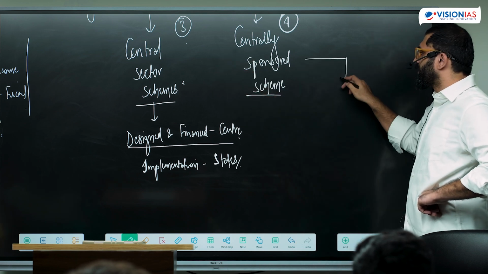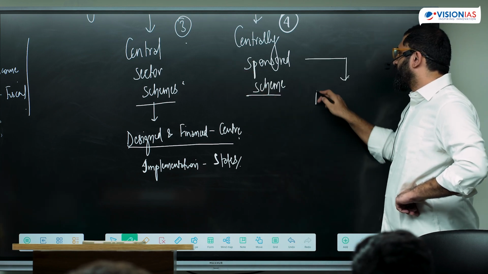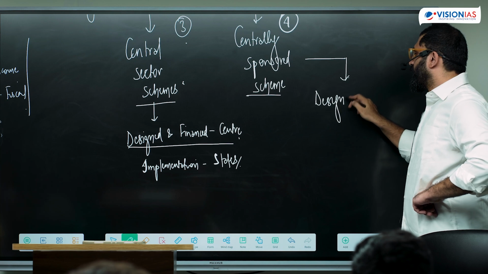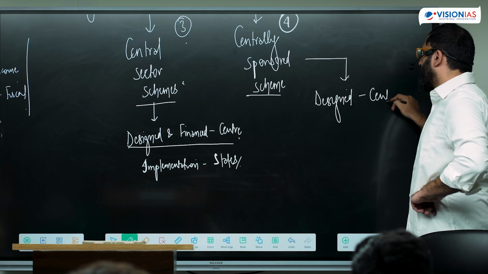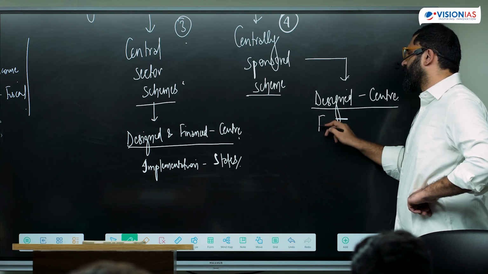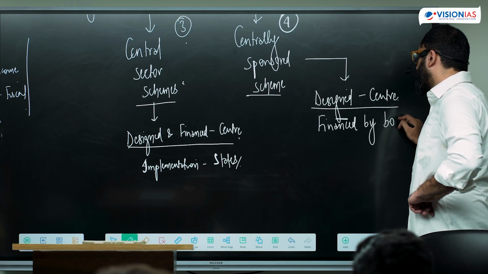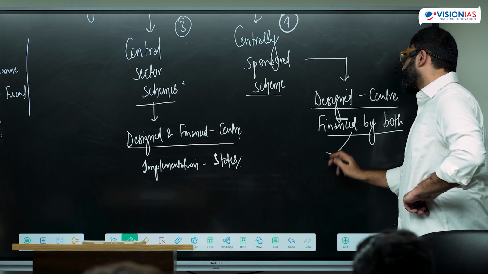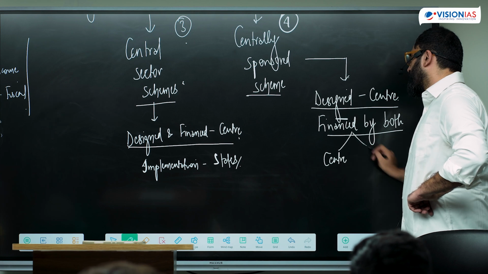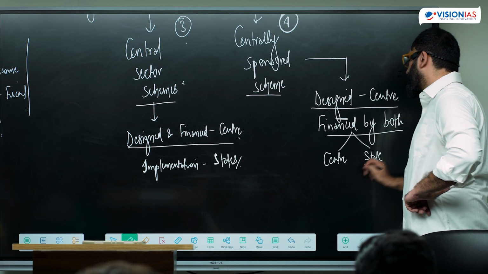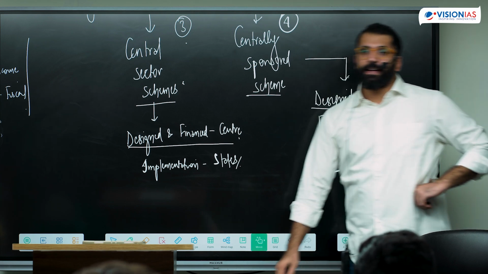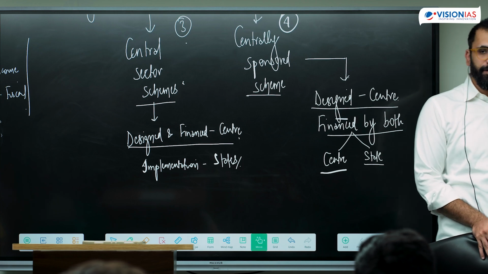Centrally sponsored schemes are financed by both center and state.